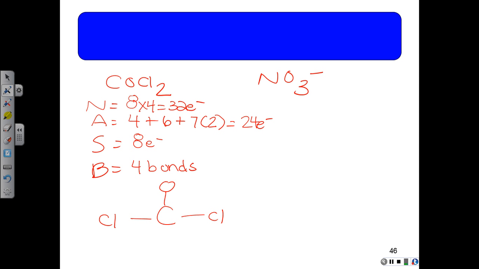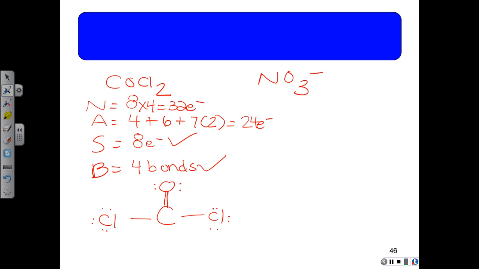So we're going to double bond to the oxygen, which is a very common functional group. Now we have to go around and fill in our exterior. Don't forget that the double bond counts as 4. 2, 4, 6, 8. Don't put an extra lone pair on oxygen.